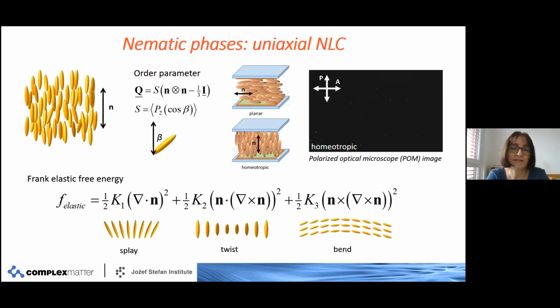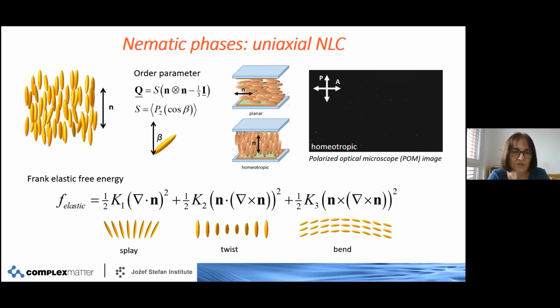So nematic phases are the most liquid among the liquid crystalline phases. They differ from liquids only in that anisometric molecules, either rod-like or disc-like, in the nematic phase on average orient in the same direction, which we usually denote by a unit vector called the director.